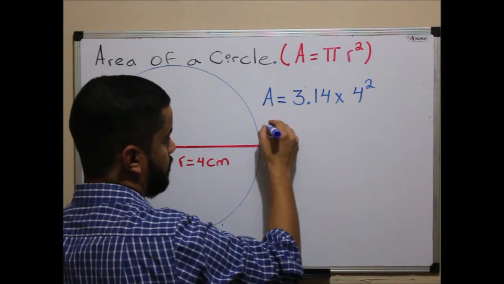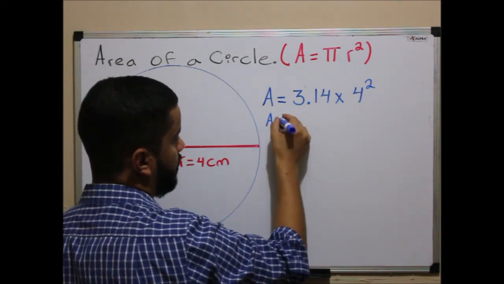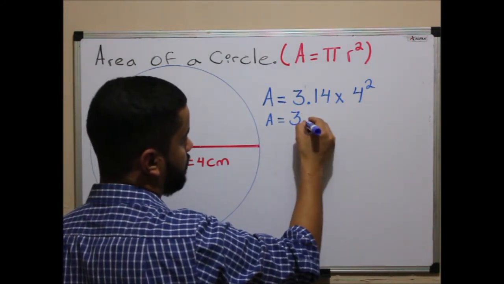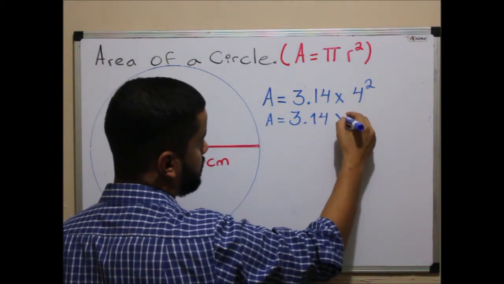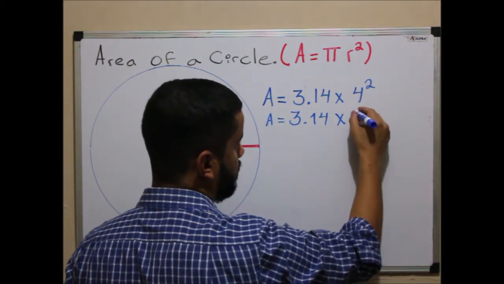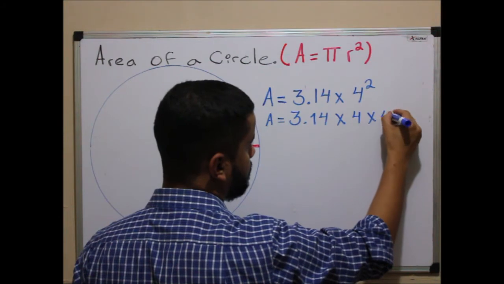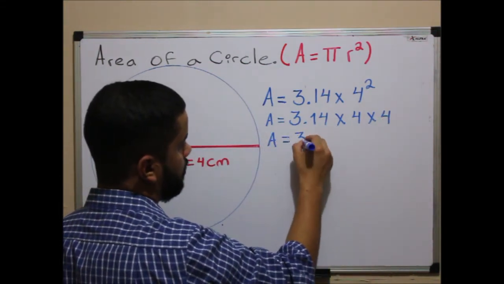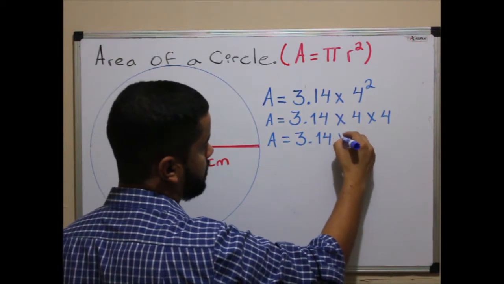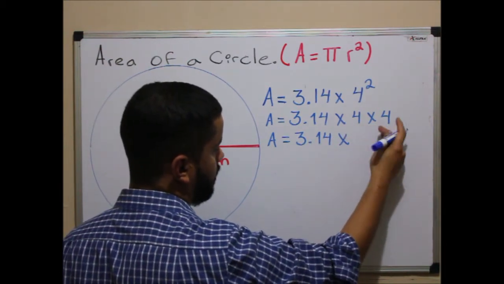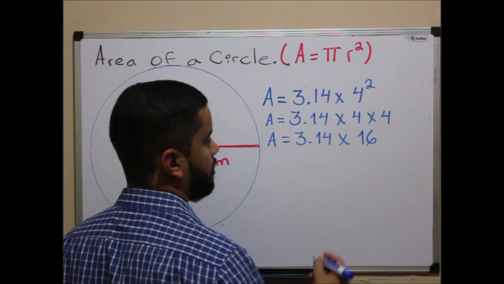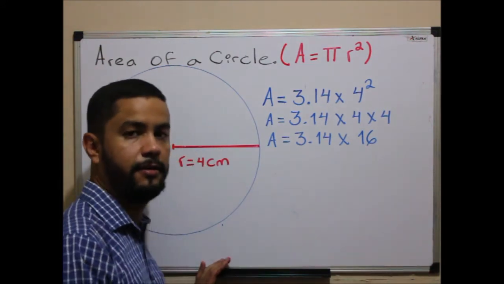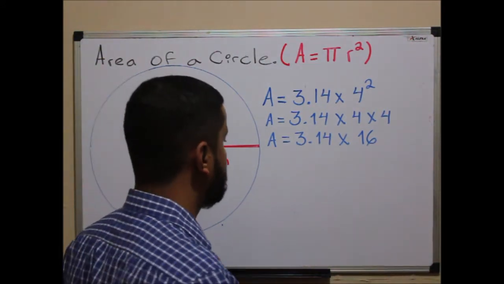Now the next step: area equals 3.14 times 4 squared, which is 4 times 4. Again, area equals 3.14 times 4 times 4, which is 16. It's not 8, it's 16.